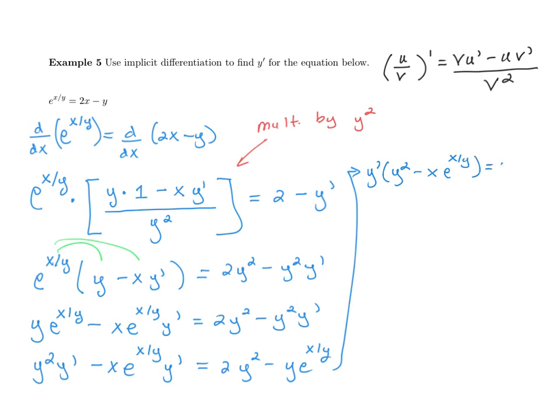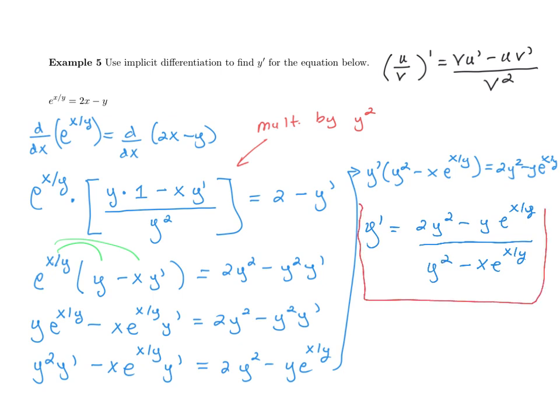And that is still equal to 2y squared minus y e to the x over y. When I divide both sides by this, I get that y prime is equal to the right side, 2y squared minus y e to the x over y, all divided by y squared minus x e to the x over y. And this thing here is the final answer.